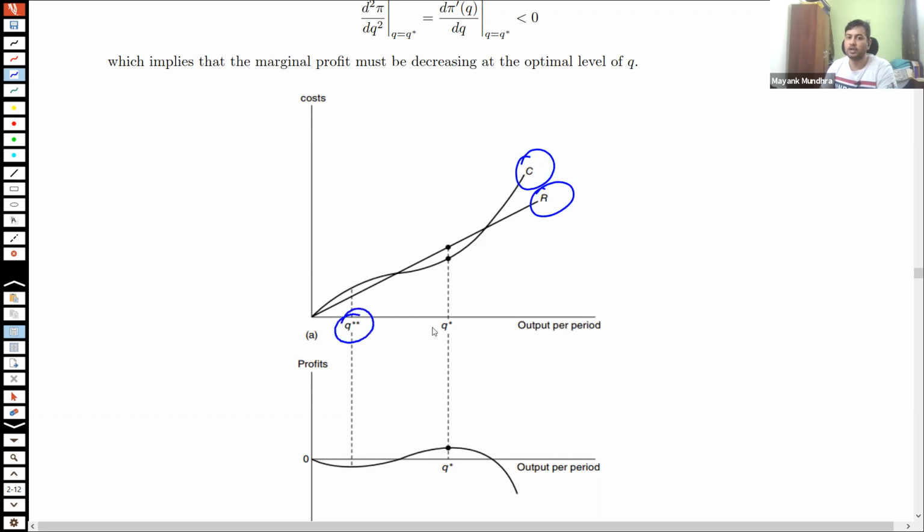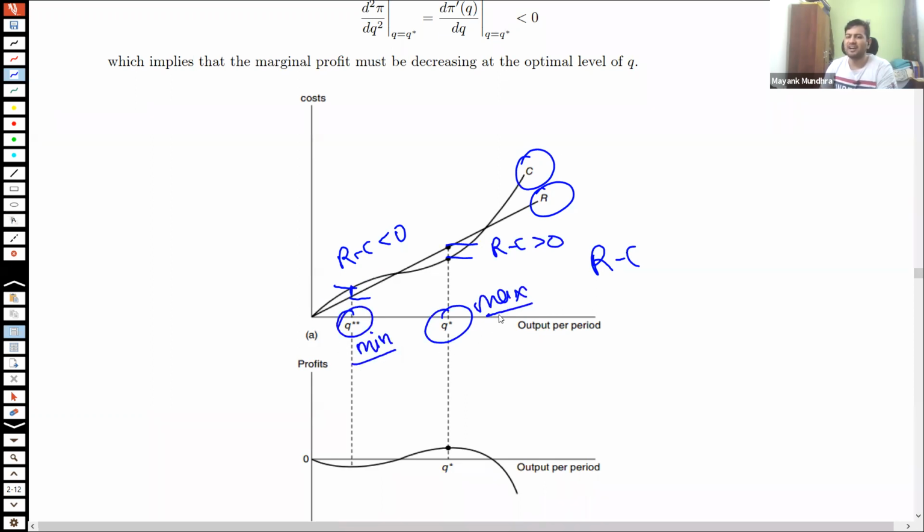So they are equal at 2 points here, at Q double star and Q star. But obviously the actual thing is revenue minus cost. Here, revenue is low, cost is high. So revenue minus cost is negative. Here, revenue minus cost is positive. So this is the maxima and this is the minimum.